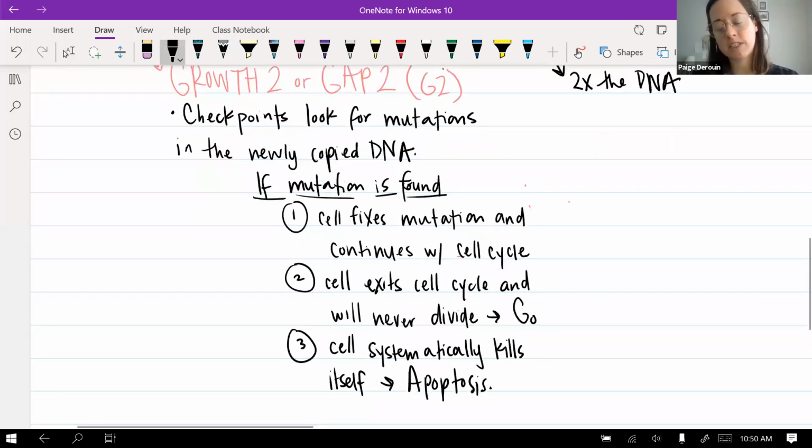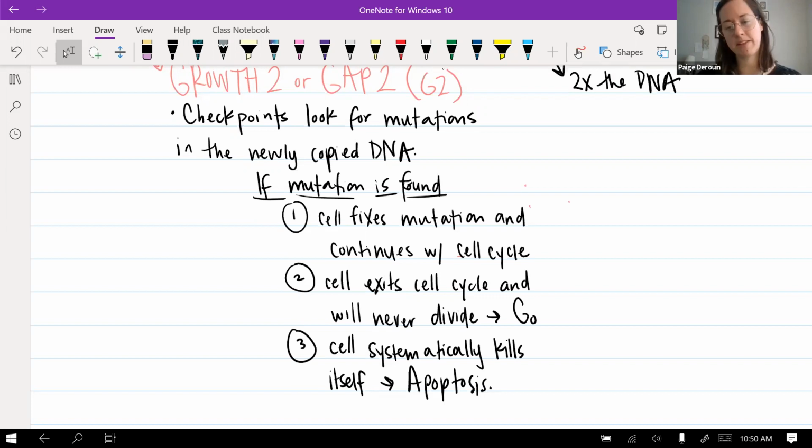But basically, if the cell realizes that it is a danger to other cells because it has mutations that will harm other cells by replicating too quickly, it will remove itself from the body through apoptosis. It's a way that your body can safeguard itself from itself. And that's the 3 options of if a mutation is found.